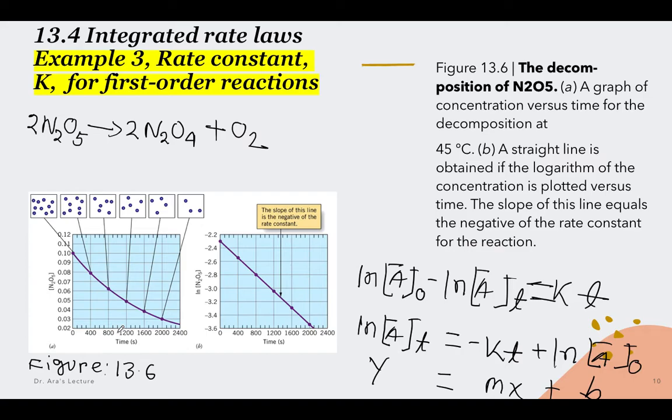Now we will see the relationship of the rate constant for the first order reaction. As we know, for a first order reaction, the rate is directly proportional to the concentration of the reactant. So if we look here, the concentration is changing over time, see?